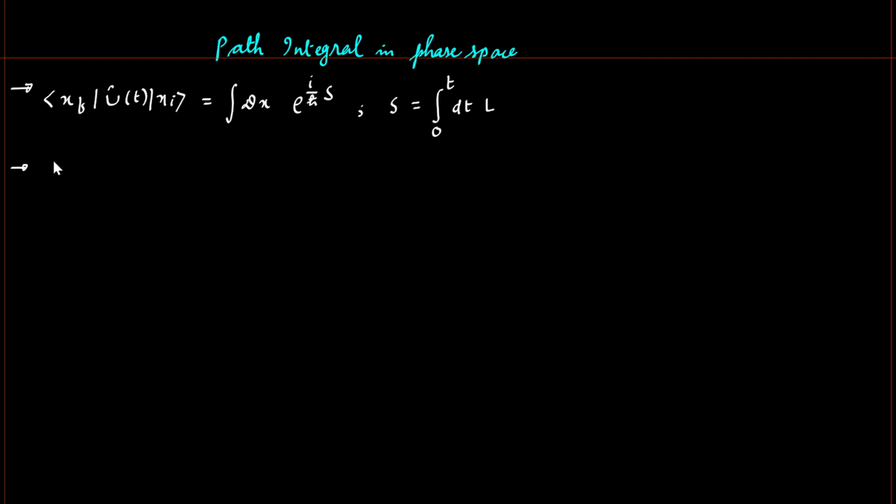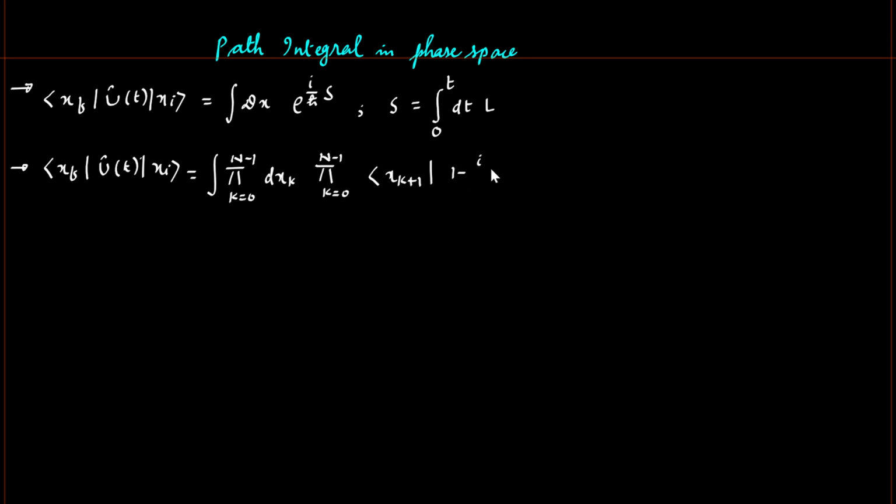The expression is given as follows: ⟨x_f|U(t)|x_i⟩ is equal to the integral of the product from k equal to 0 to n minus 1 of dx_k, again the product from k equal to 0 to n minus 1 of ⟨x_{k+1}|e^{-iτH/ħ}|x_k⟩, with n steps and the Hamiltonian H.